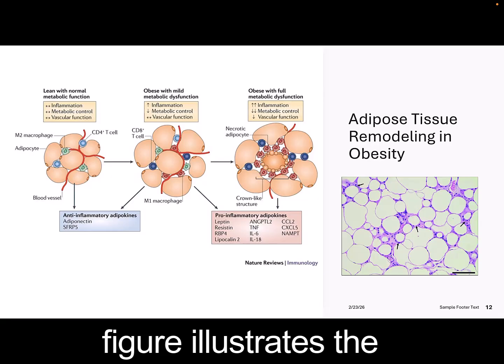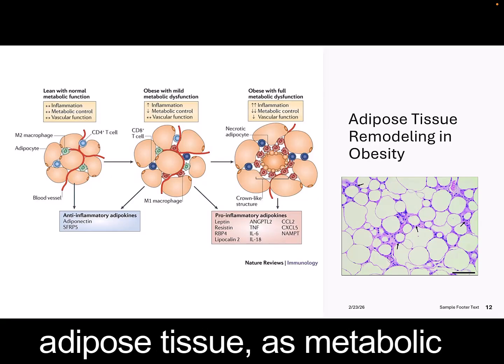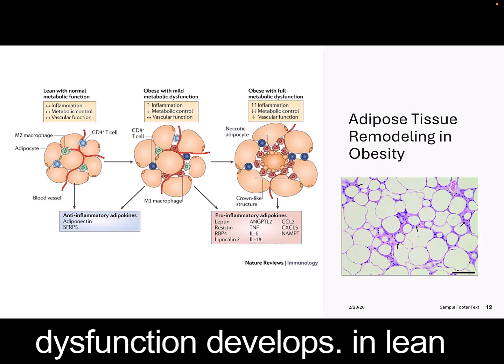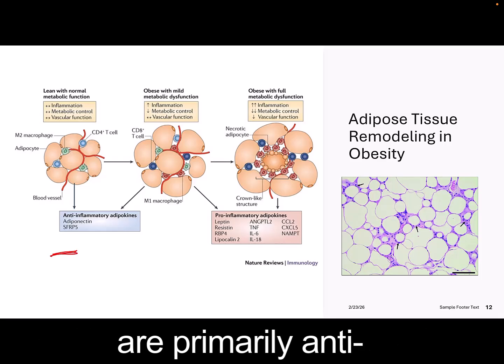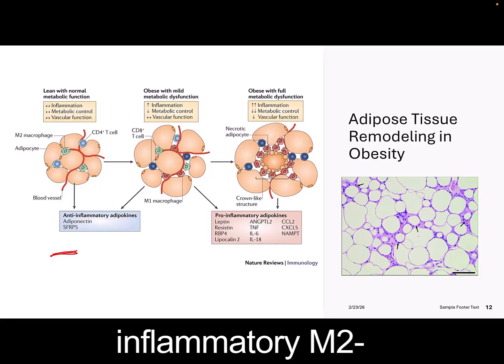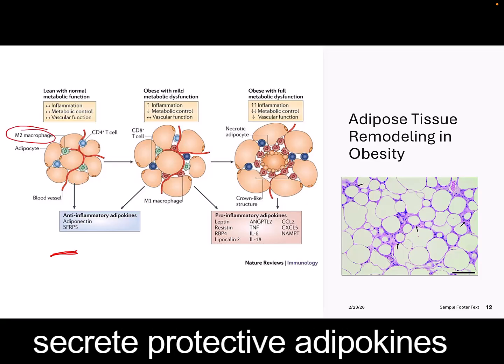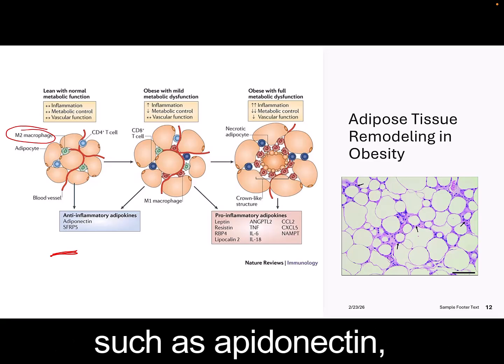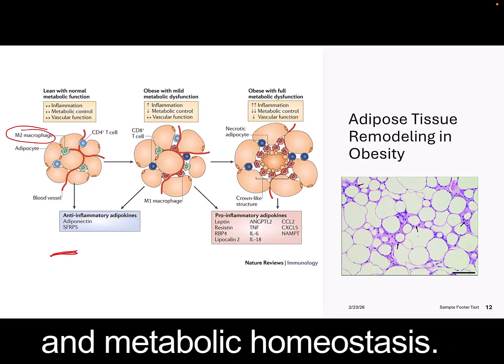This figure illustrates the progressive remodeling of adipose tissue as metabolic dysfunction develops. In lean adipose tissue, immune cells are primarily anti-inflammatory M2 macrophages. Adipocytes secrete protective adipokines, such as adiponectin, supporting insulin sensitivity and metabolic homeostasis.